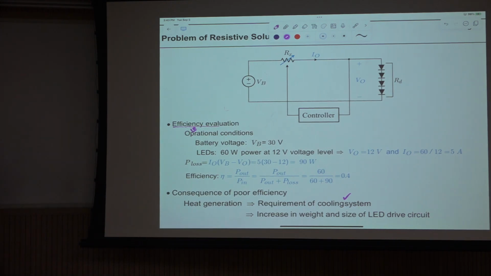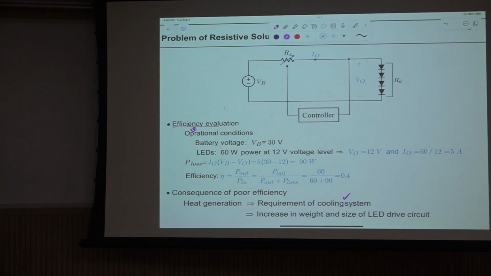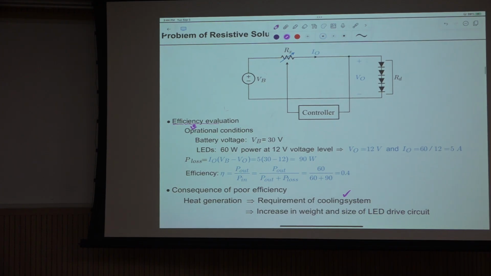Okay, so this is a big problem in the space power system. We'll discuss the space power system very shortly. Okay. Very small part of that later, all right? So mostly we cannot use this, but there is one particular application where this resistive approach is still used.